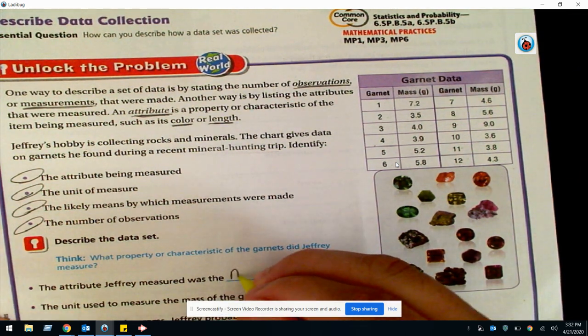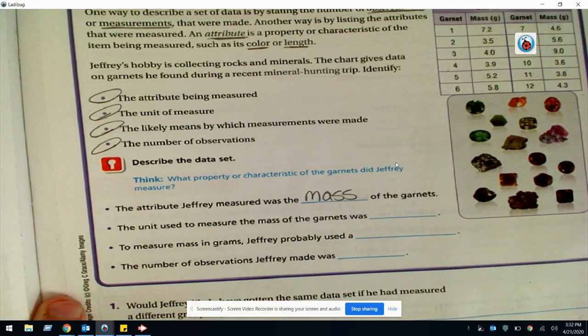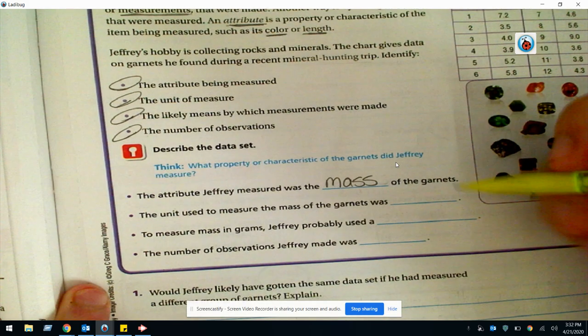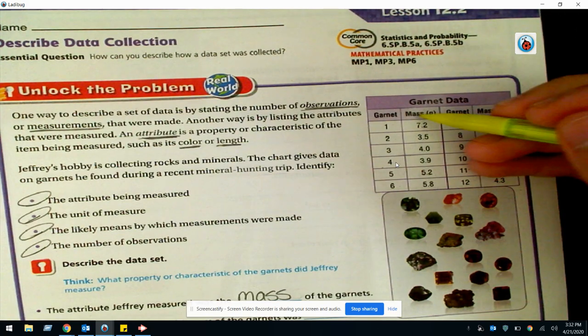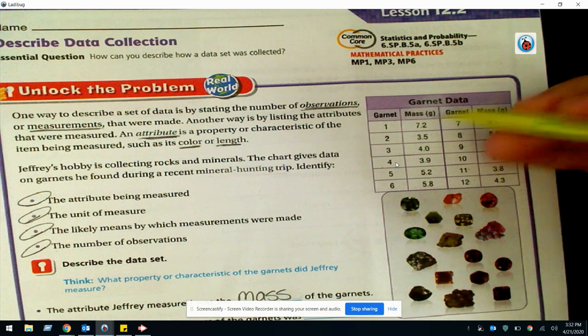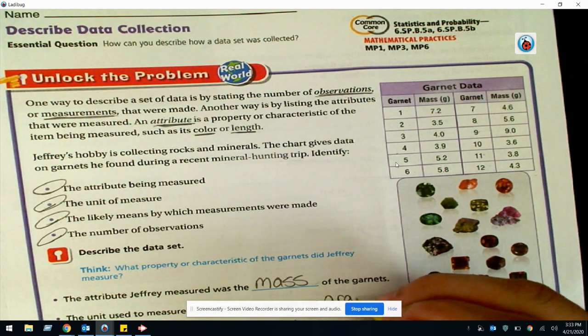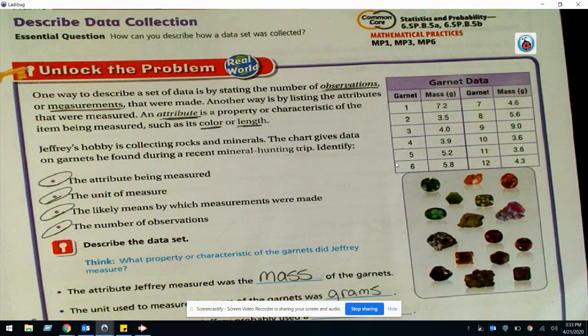So the mass is the attribute that was measured by Jeffrey. The unit used to measure the mass of the garnets, so the unit that they used for the mass was this G for grams. So the unit used to measure the mass was grams.